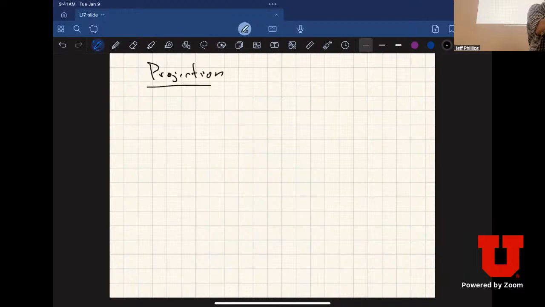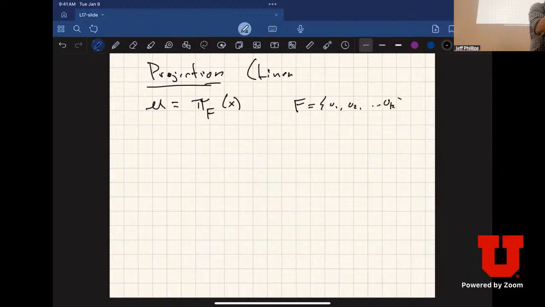In fact, we want this to be linear. Okay, a linear projection. Let me call it mu, which is going to be equal to a pi function for a projection onto a subspace F of a data point x, right? So what does this projection do? We're going to define F using a set of basis vectors, u1, u2, up to uk.